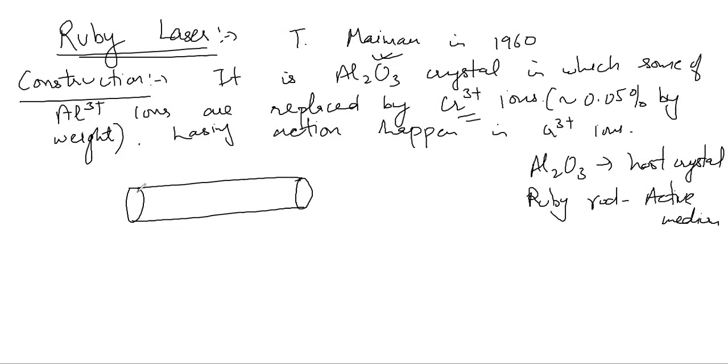One end of this ruby rod is partially silvered, and the other end is completely silvered. One end is partially silvered because you have to finally extract the laser. If both ends were fully reflecting, the light would only keep oscillating. You need to get the laser out too, let the light get out, right? So one end is partially reflecting, and it could be either end.